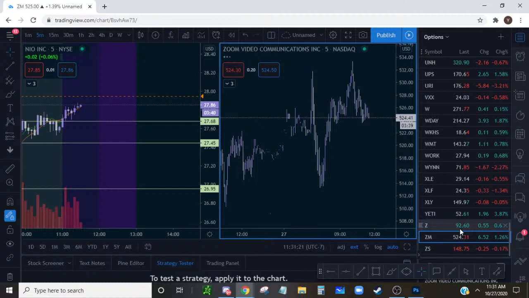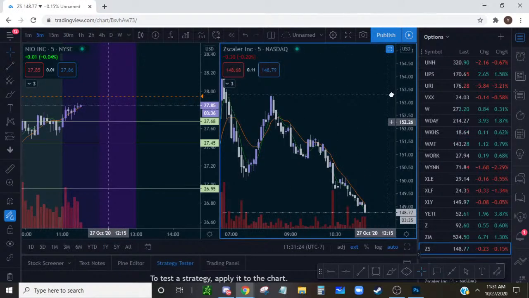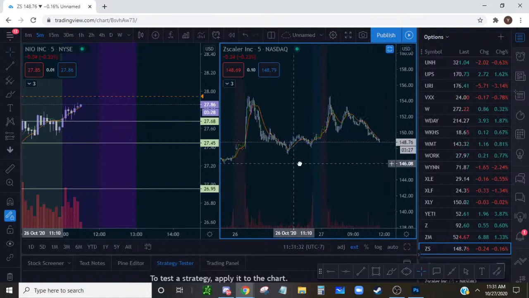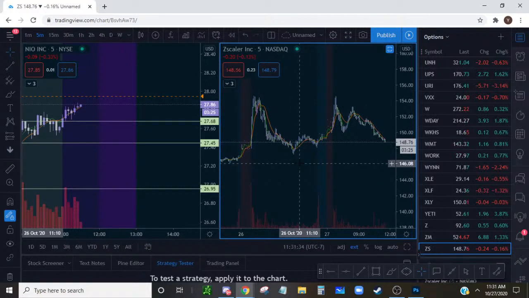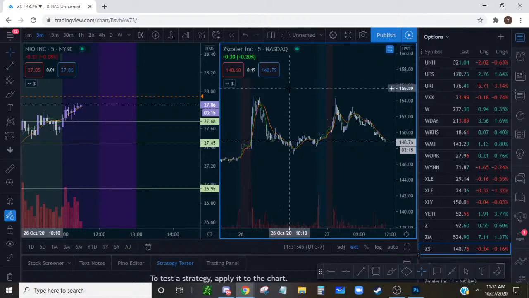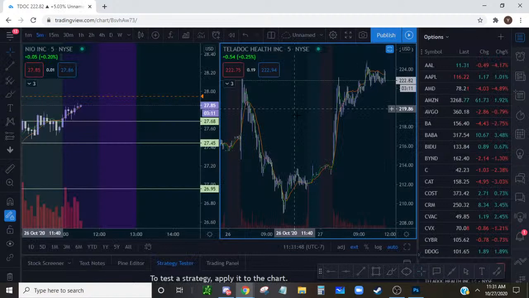ZS, some more downfall. Definitely something might be worth shorting. But I feel like it's fallen a lot since the last pullback. I did hear TDOC though. ZS.